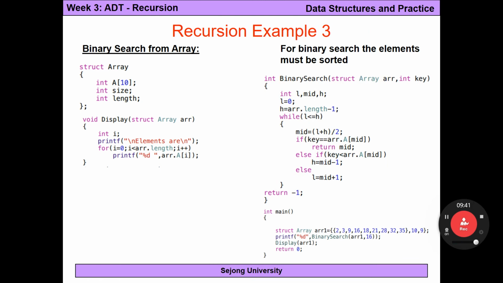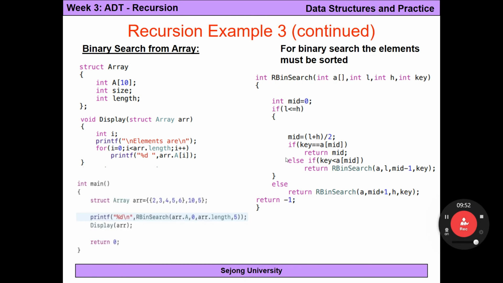Here is the solution of the binary search by using the iterative method. So here is the recursive method. Here you can see this function is calling itself again and again.